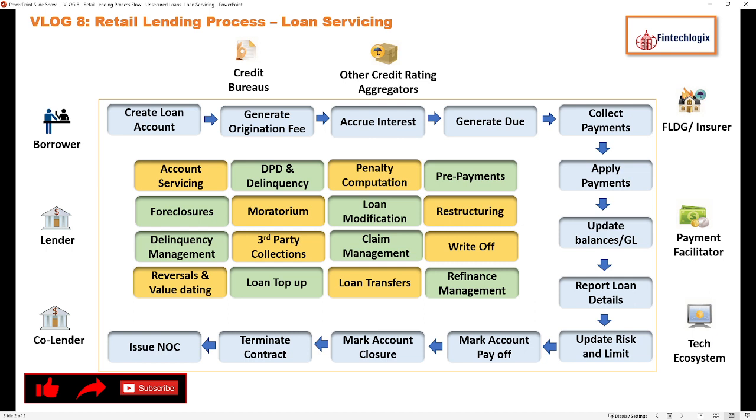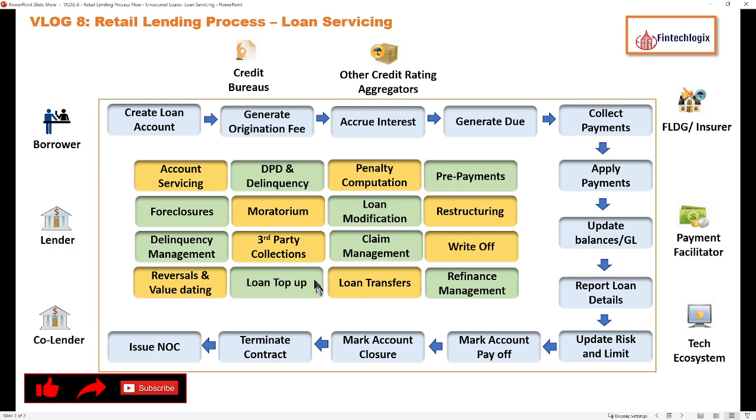At that point of time, after 2 or 3 days, we can actually give benefit to the borrower by applying the payment on an old date, so that the penalty and other things would not be applied on the borrower. So that is the process of validating.